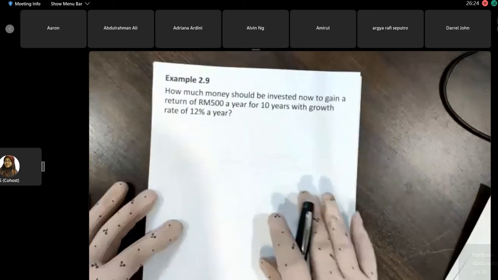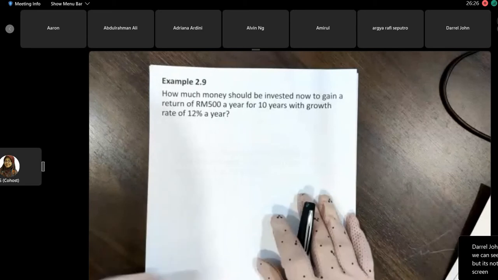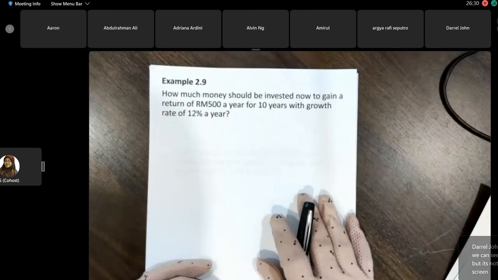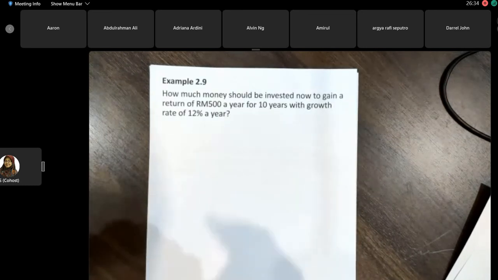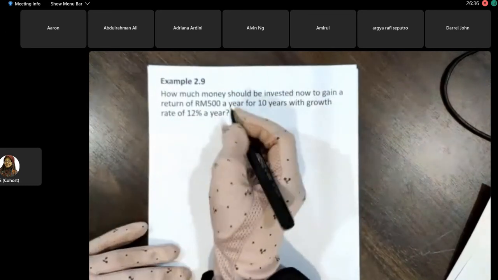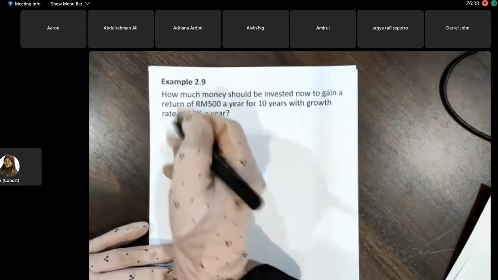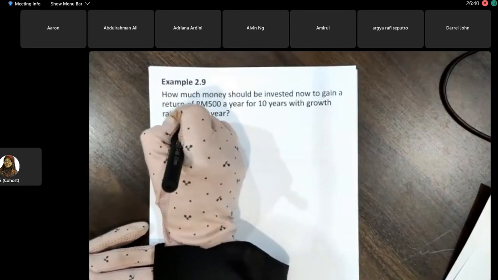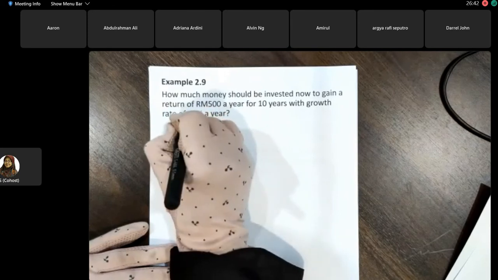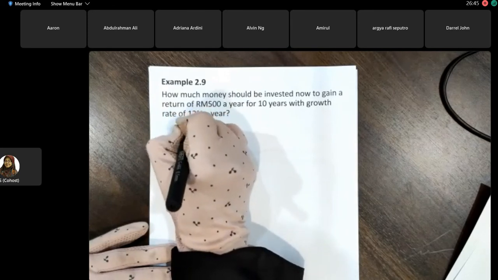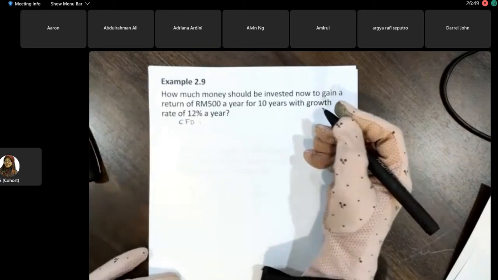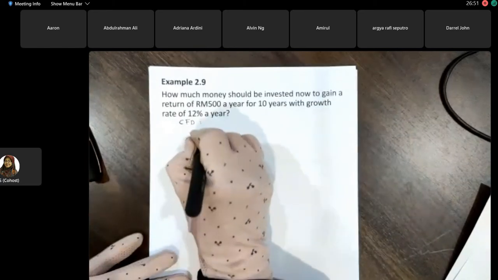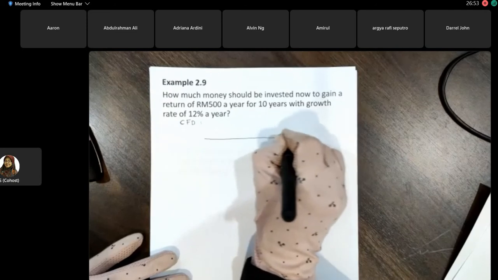Okay. So how much money should be invested now to gain a return of 500 ringgit a year for 10 years with growth rate at 12% a year? So what we have to do, the first one, is to draw the cash flow diagram. So we have a time scale here.